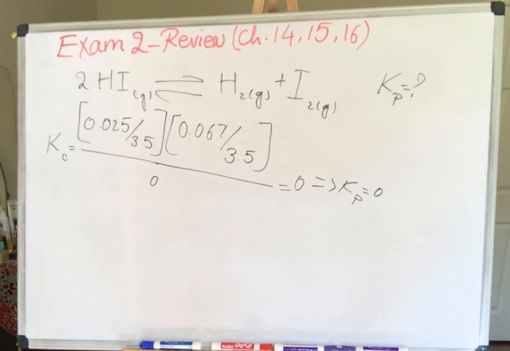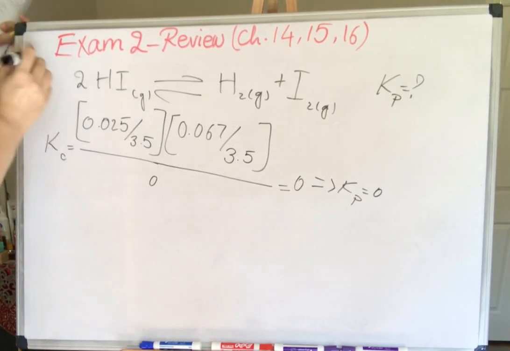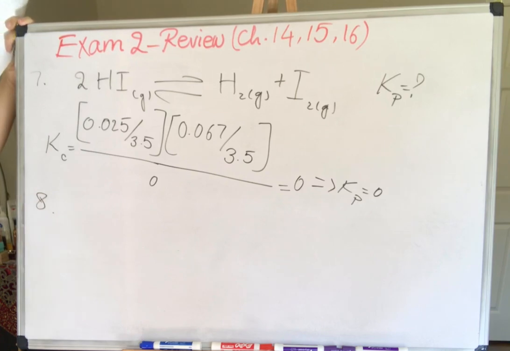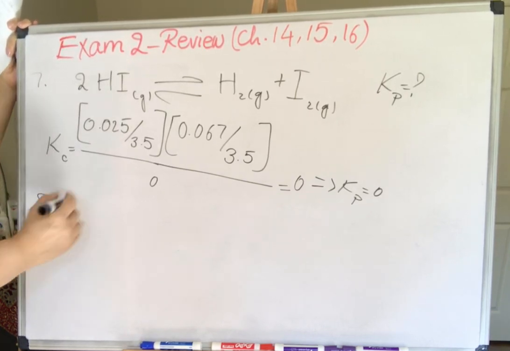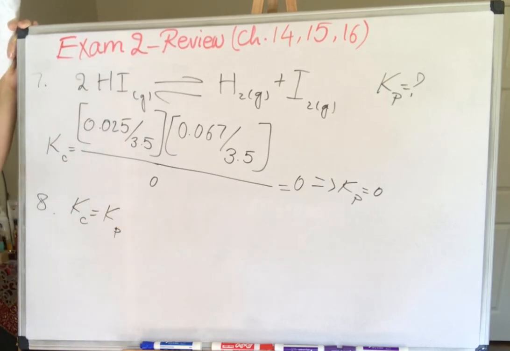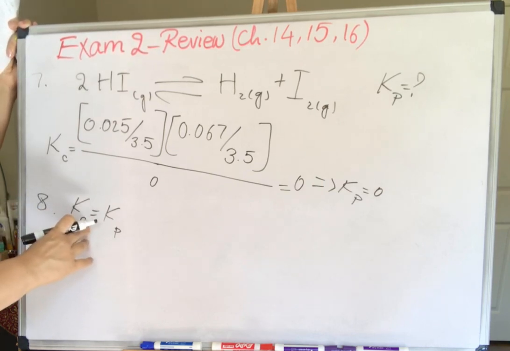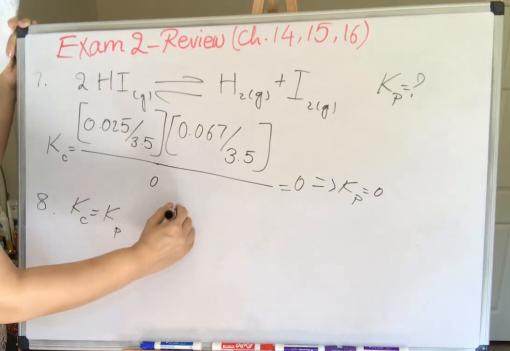So that was question number 7. Question number 8: for which of the following equilibria is Kc equal to Kp? Instead of just going through all of them, just investigate the condition that Kc is equal to Kp.